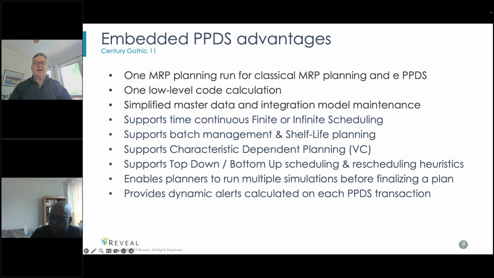PPDS supports finite or infinite scheduling, capacity scheduling. Some clients need to be able to include batch management and shelf life planning in their schedule, so they're using the most up to the minute data. PPDS supports characteristic dependent planning, very important to some industries such as automotive.